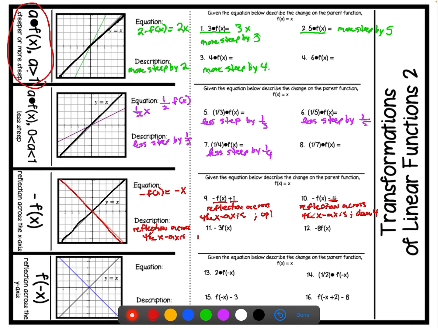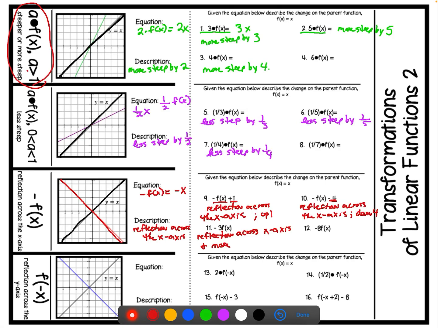So, reflection across the x-axis and more steep, or we also call it a vertical stretch, by 3. My apologies. And you complete 12.